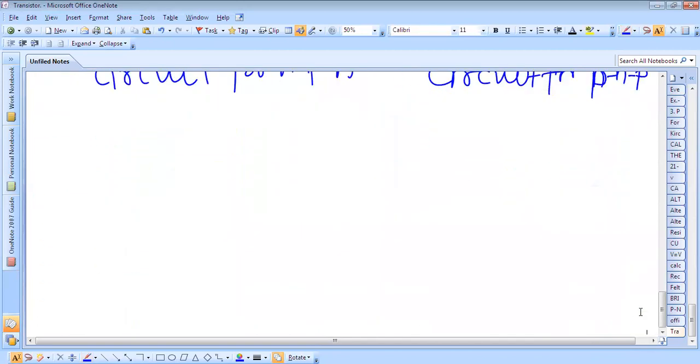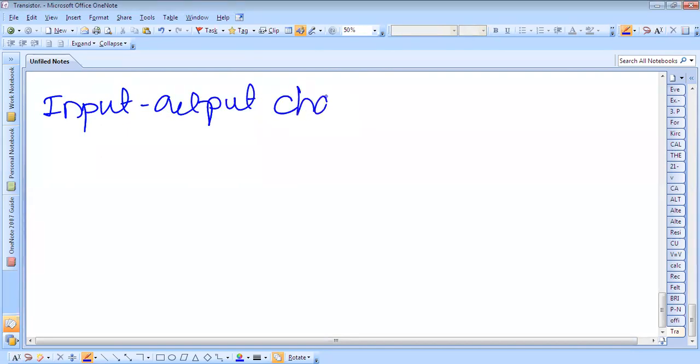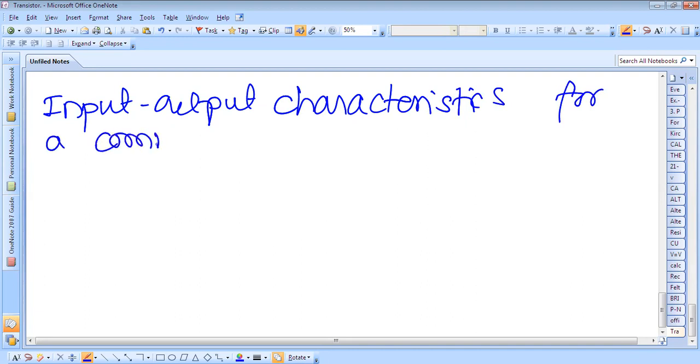Okay, now we'll discuss the input output characteristics for a common base circuit.